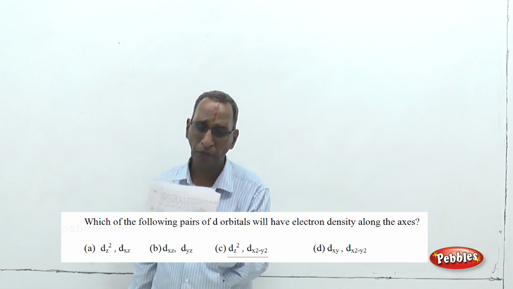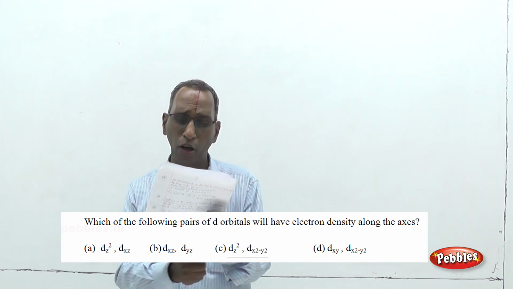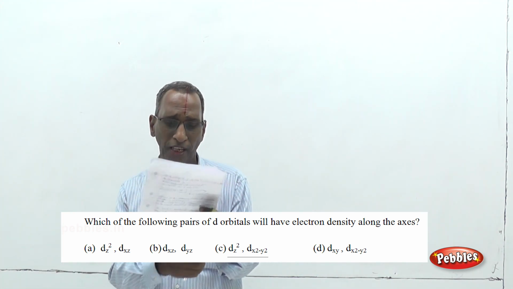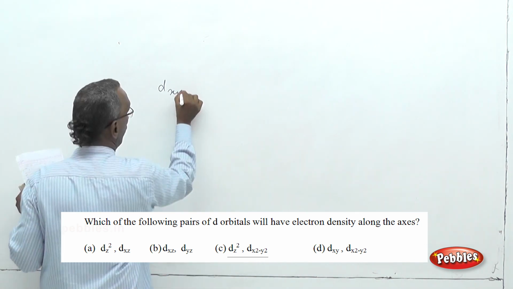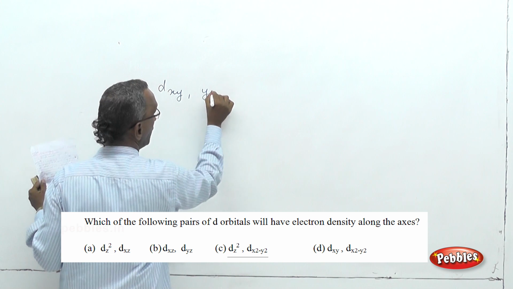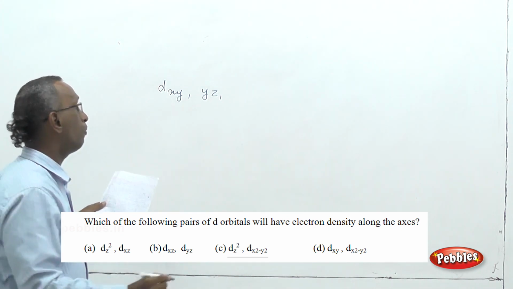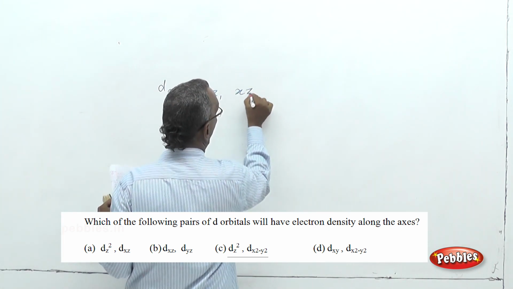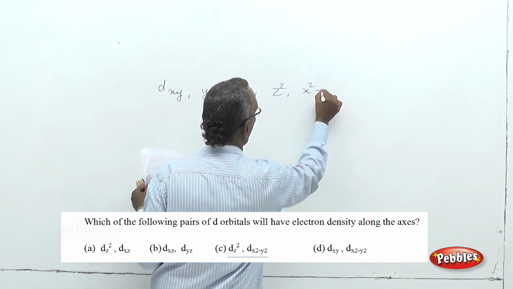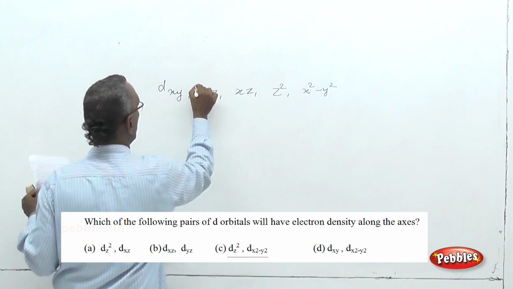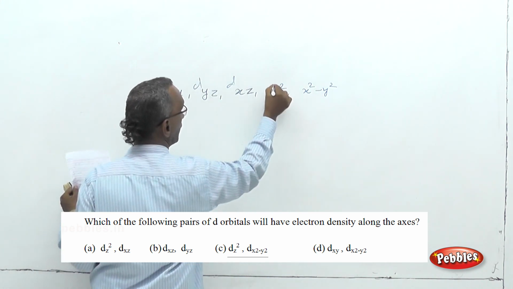It reads: which of the following d orbitals will have electron density along the axis. There are 5 types of d orbitals, represented as dxy, dyz, dxz, dz squared and dx squared minus y squared. You have to put the d in all the cases.